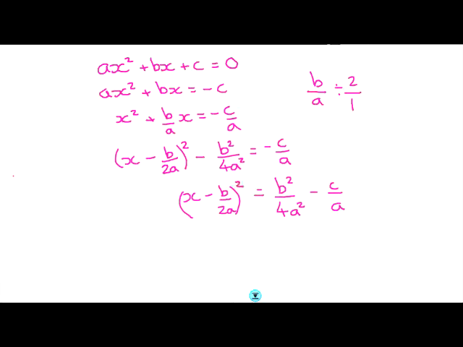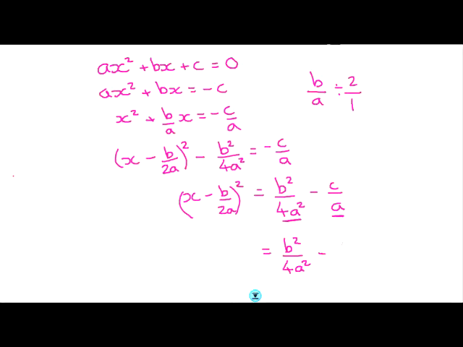Alright, here we go. We can't leave it in this form because we've got two fractions being subtracted and the denominator is different, so we need to make them the same. This denominator is a factor of this one, so we can just multiply the one on the right by 4a. So that would be b squared over 4a squared.